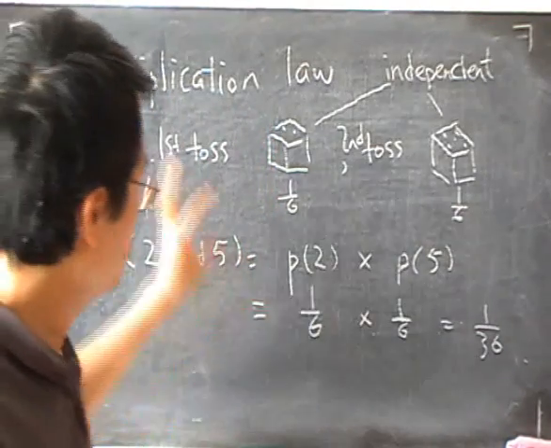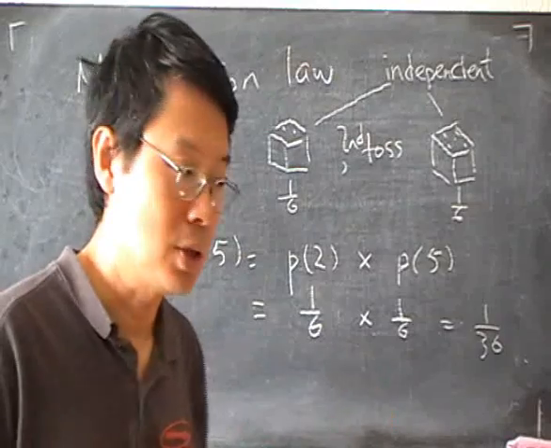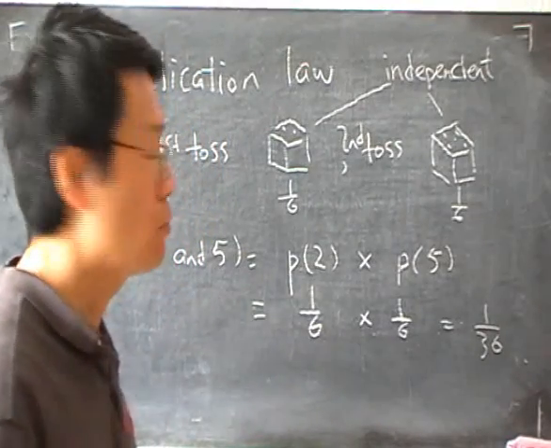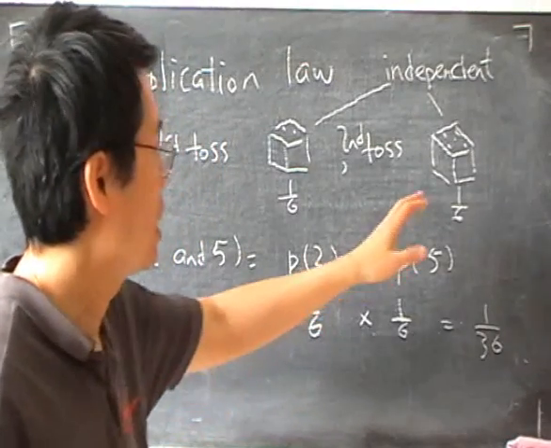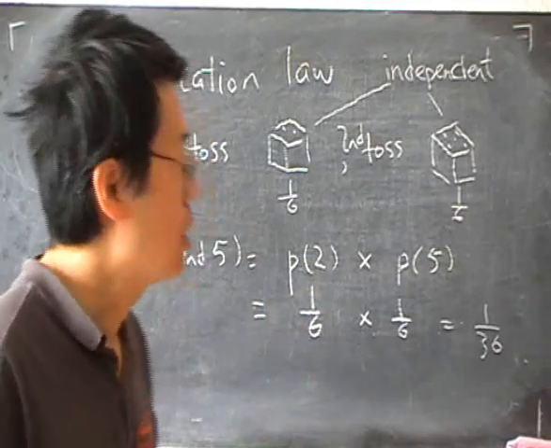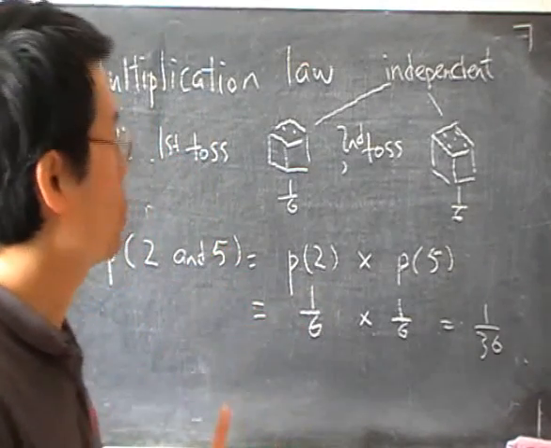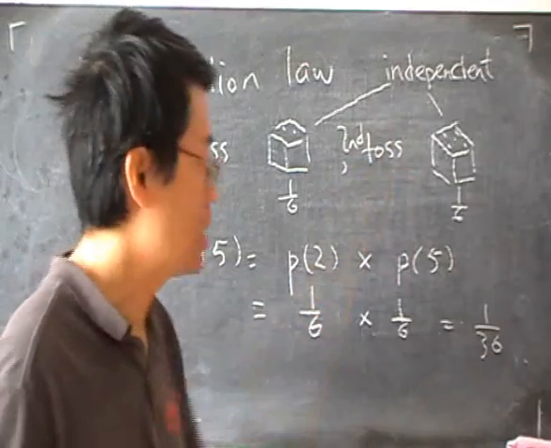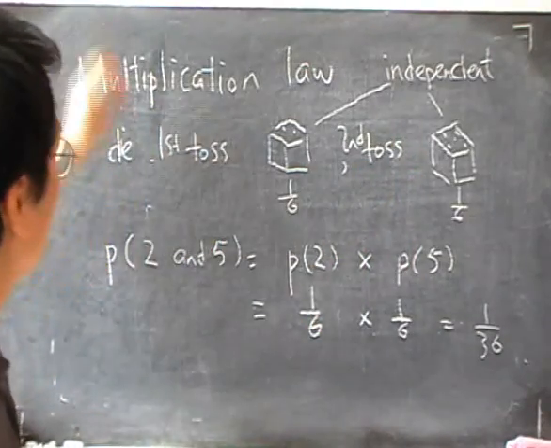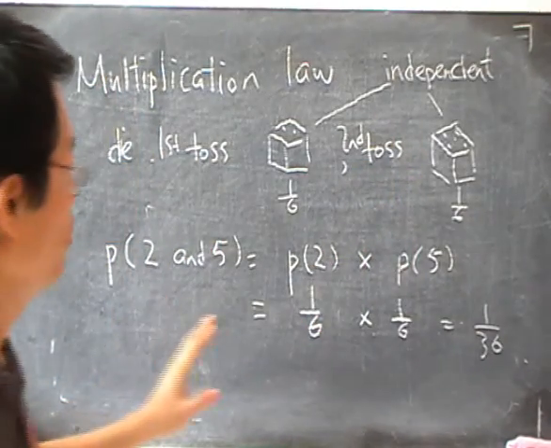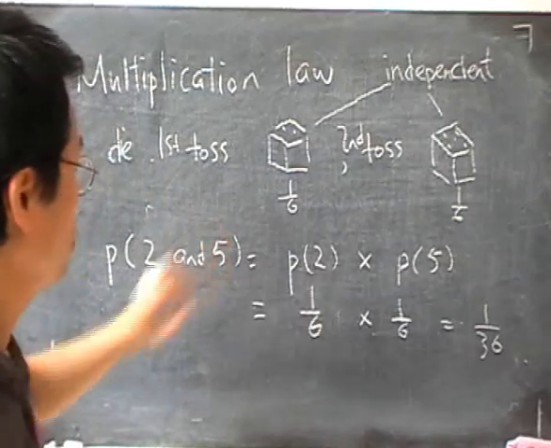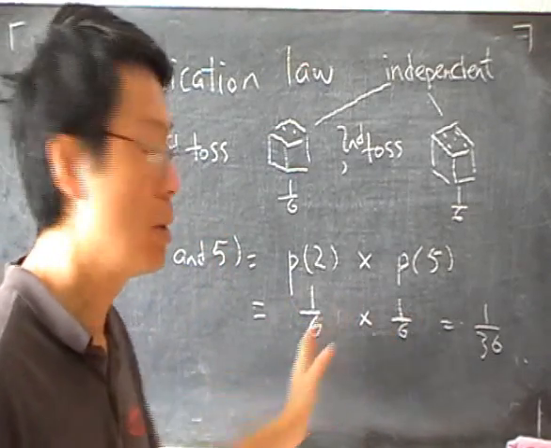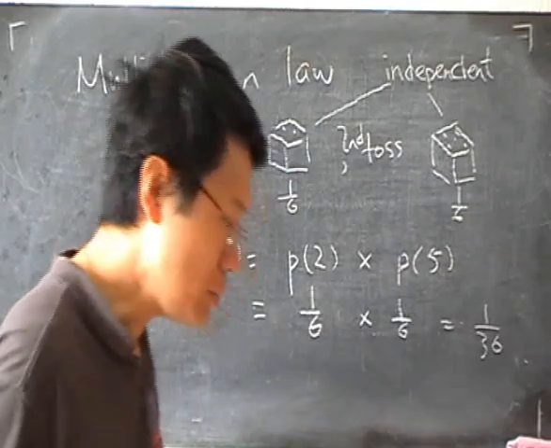It is only when two events have no effect on each other, when one does not make the other more or less likely, that we can use this multiplication law and find the probability of the two events simply by multiplying them.